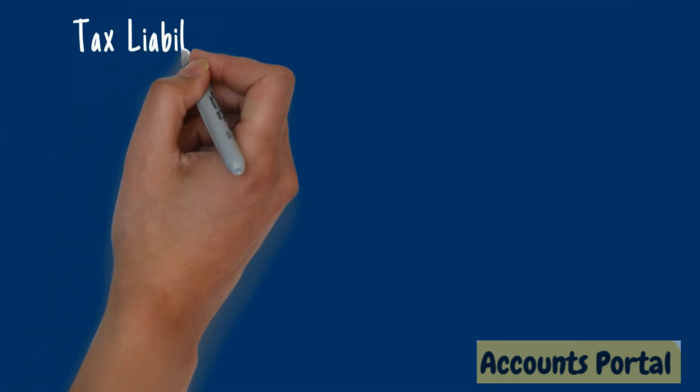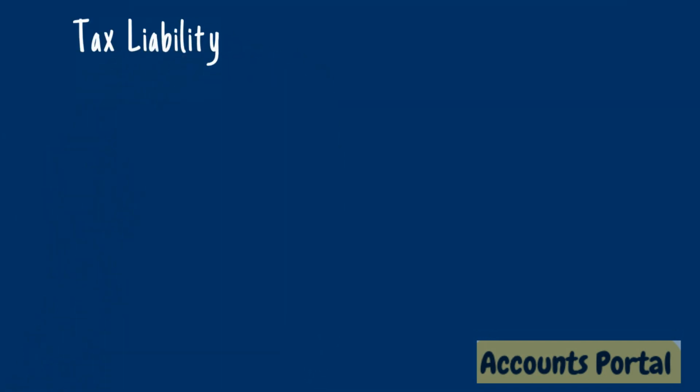Next one, fourth one, tax liability. Tax liability is a payment made to the government by a business. Sir, is paying tax mandatory or optional? Tax paying is mandatory in India. It's not optional. In general, when a profit is made, there is a tax.